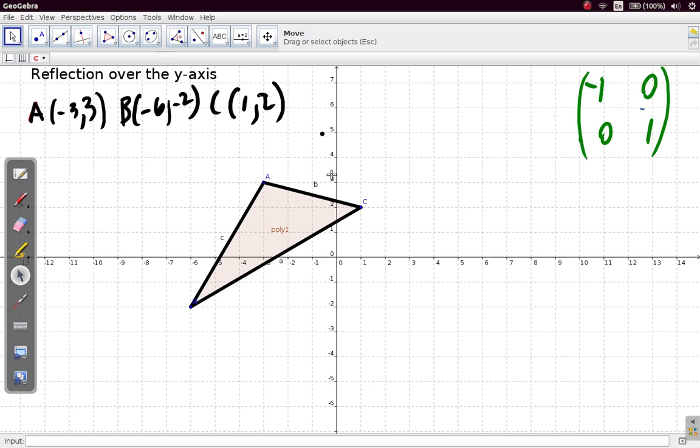Now, what you want to do is take each of these points as a column matrix and multiply, to make the image of this triangle. Now I want the image in a different color.